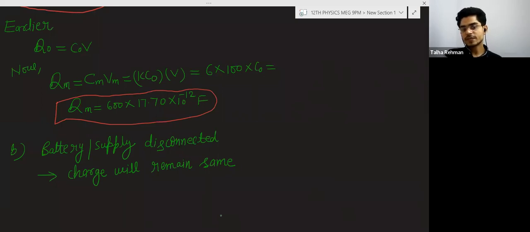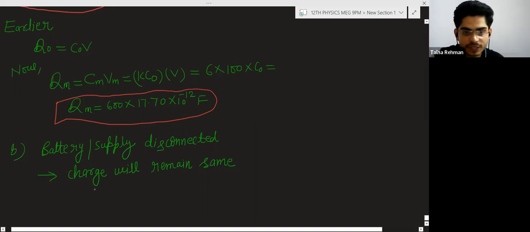And what about the capacitance? Capacitance is K epsilon naught A by D. Is K changing? Epsilon naught is not changing. A is not changing. D is not changing. Means capacitance will not change.